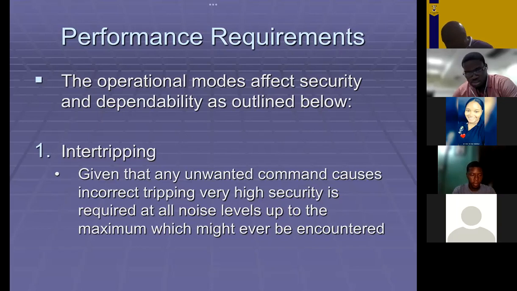So if you are using an intertripping scheme, then you look at the communication system that you're using, and it must be one that has very high security. The probability of having an unwanted command must be very, very small.